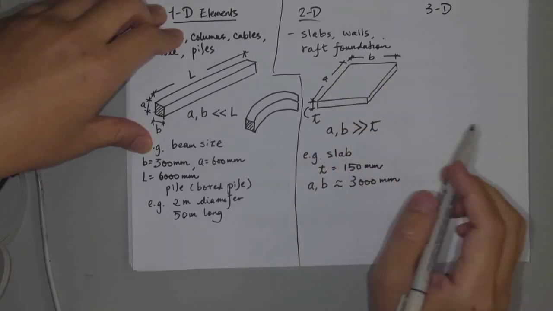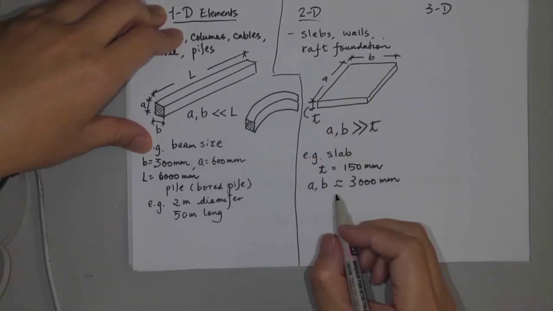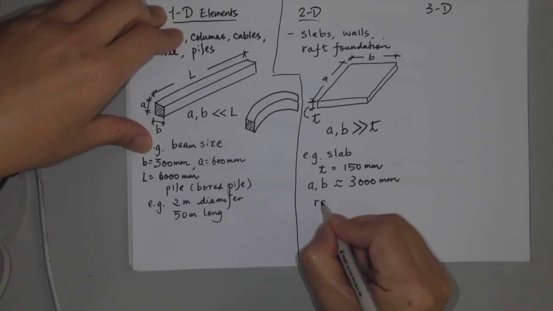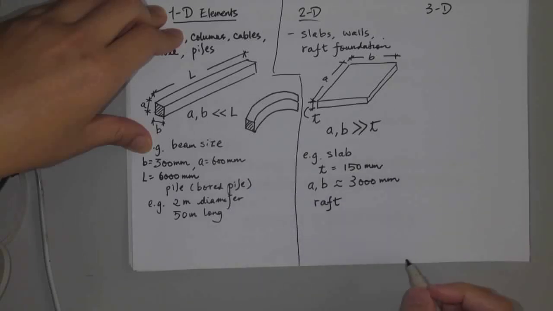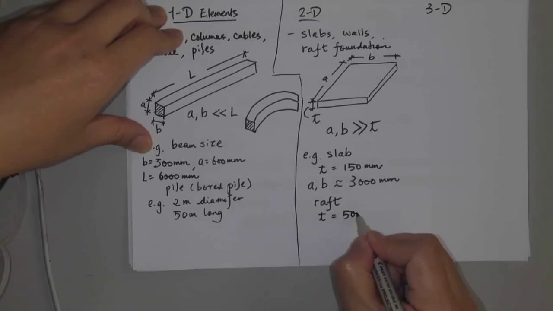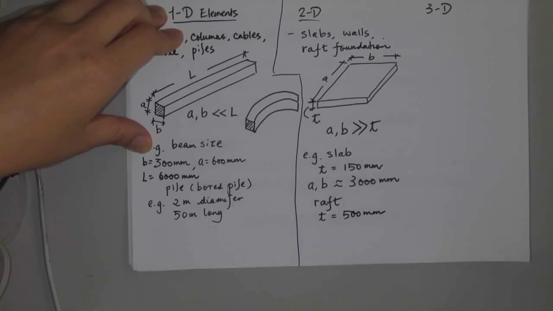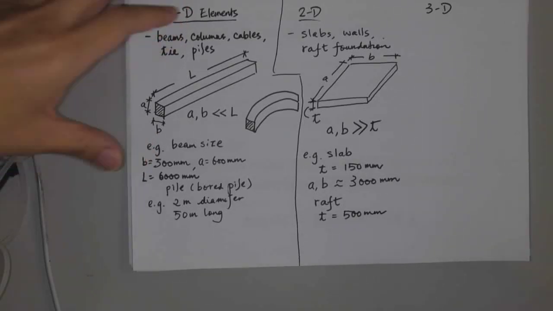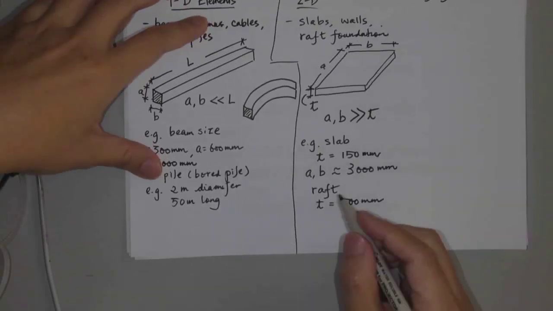For a raft footing, usually raft footing is much thicker. So for a raft, thickness could be a bit higher, let's say 500. But then the dimension is much larger on plan. Usually a raft would be quite big.